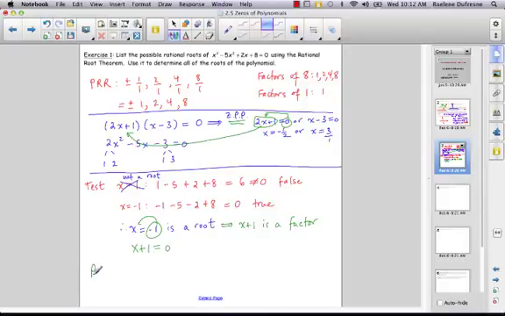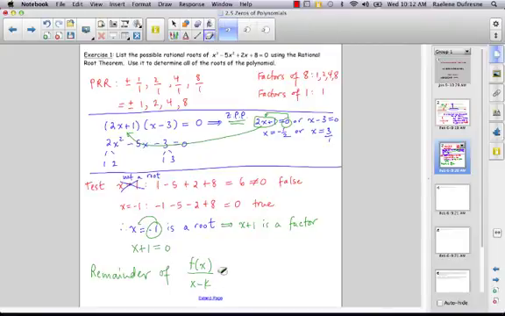Well, the remainder, if you recall, of f of x divided by x minus k is given by f of k. So in this case, our k value is negative 1.